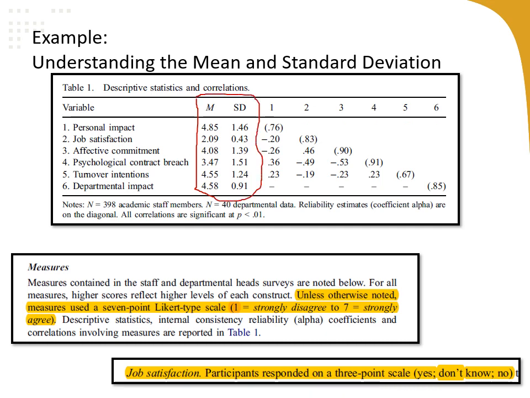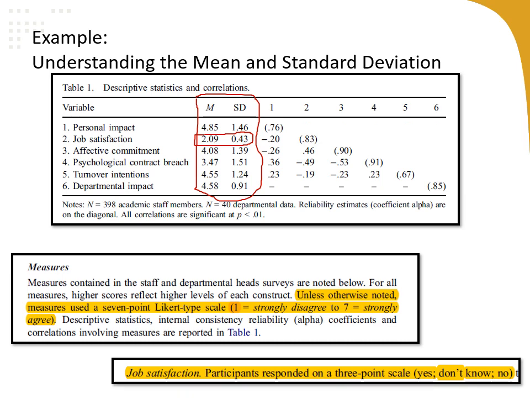And before you can really evaluate the mean and standard deviation, like is the mean high? Did people have high ratings for this or low ratings for this? You need to look at the method and you need to see what the range was for the measures. So everything but job satisfaction right here was measured on a 7-point scale from strongly disagree to strongly agree.